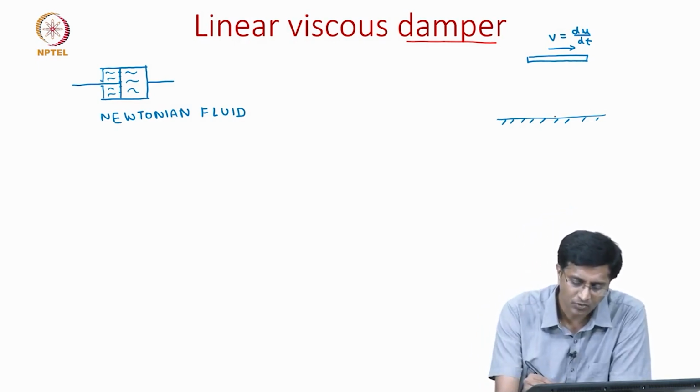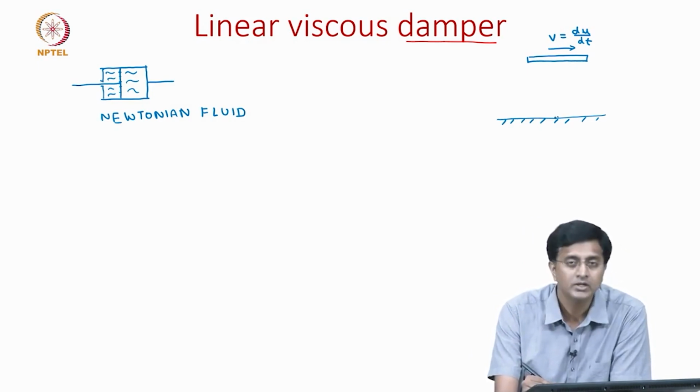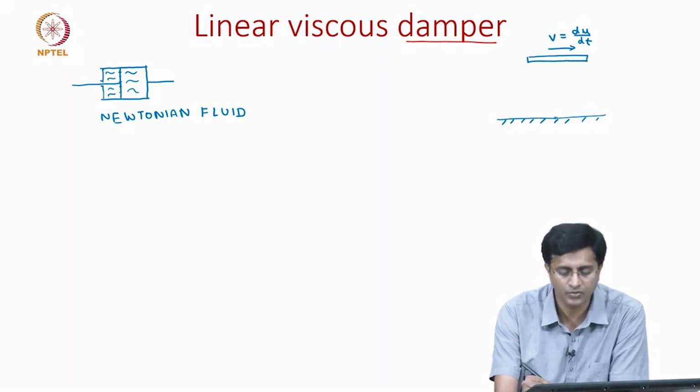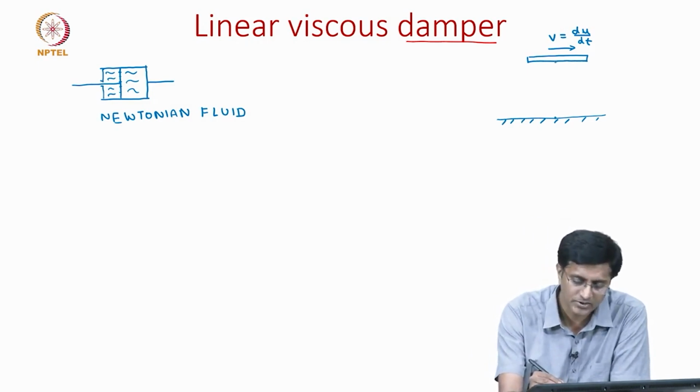What we see is at the bottom there is no movement in the fluid, but at the plate there is a velocity v or du by dt.